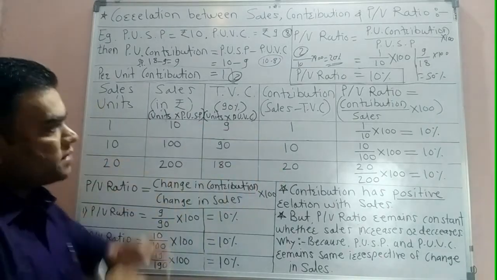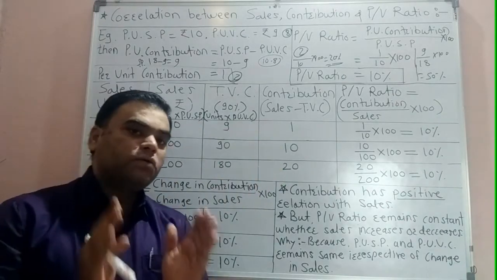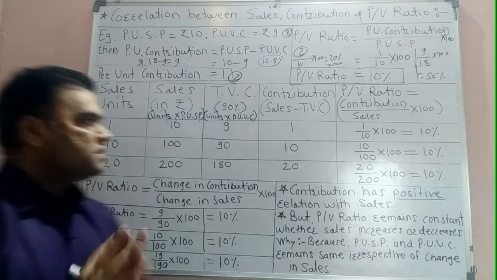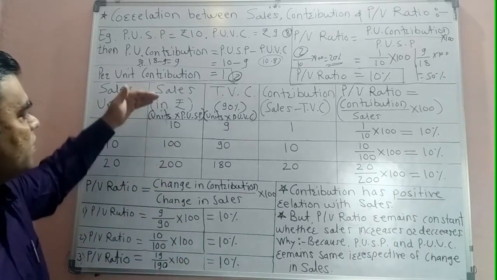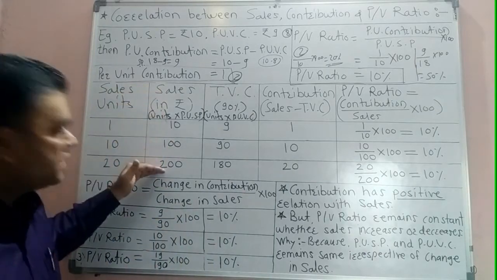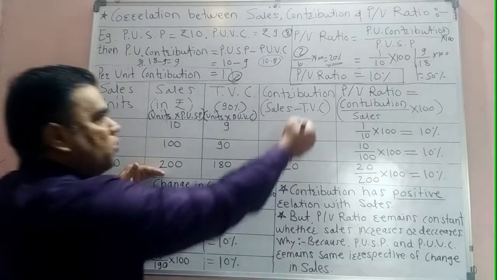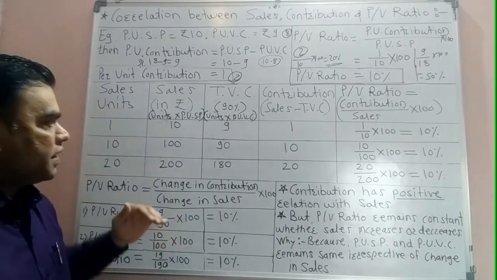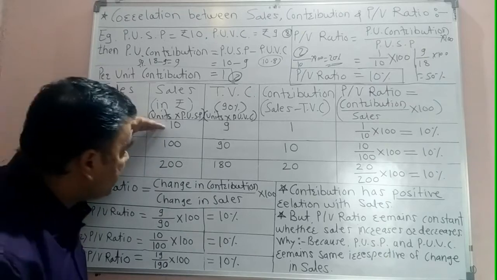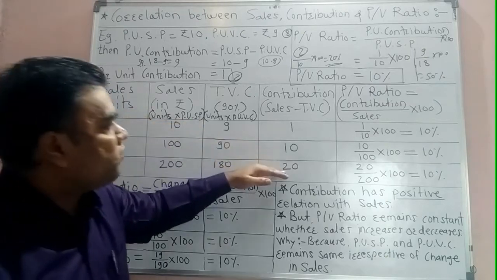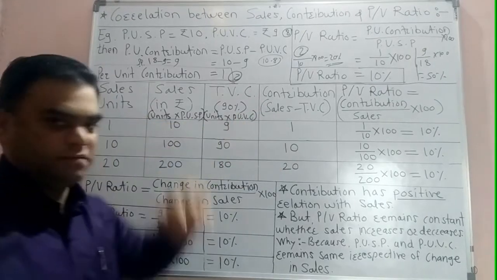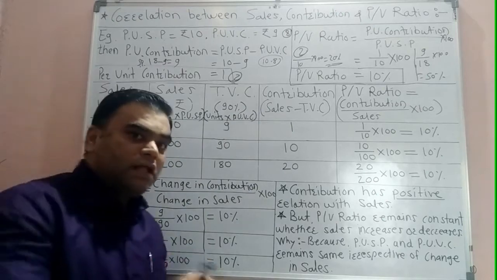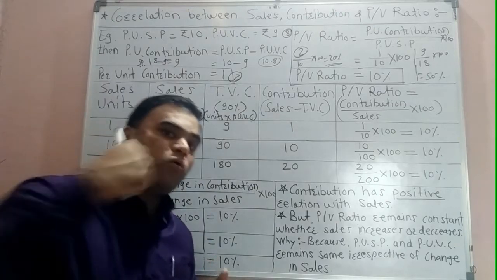If you observe this table, what do you realize? You can see, if you are increasing sales, your amount of contribution is also increasing. If you are decreasing sales, your amount of contribution is also decreasing. And this increase and decrease is also proportionate.